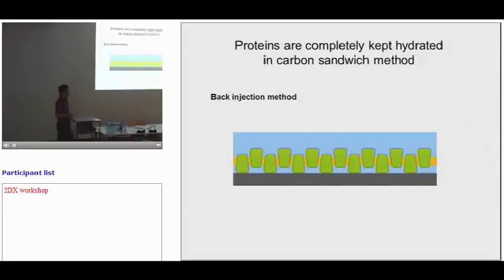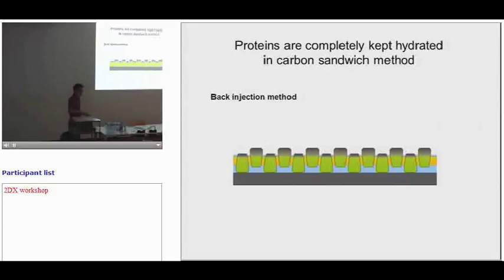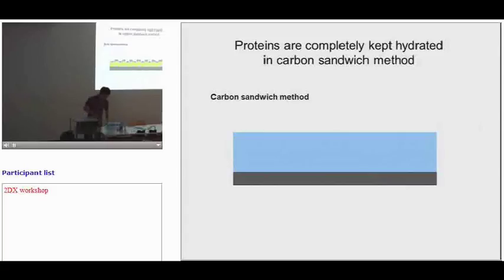In the back injection method, proper control of ice thickness is rather difficult, especially for such thick protein crystals, so that the protein could be easily dried and collapsed during sample preparation.